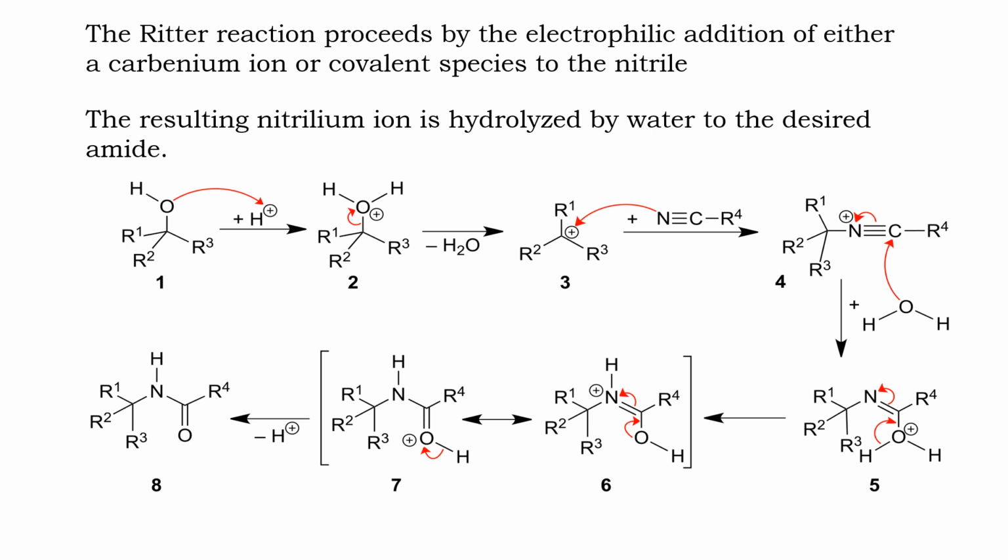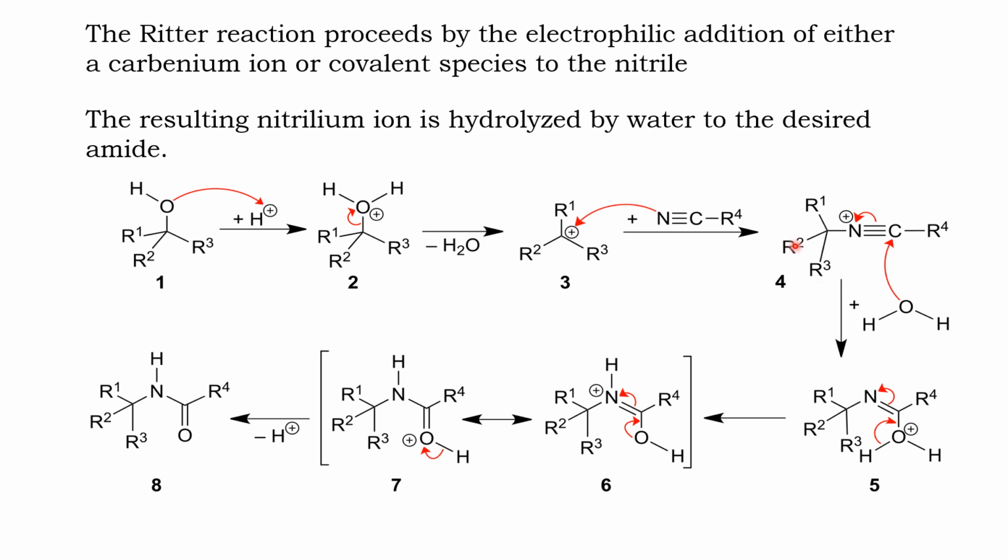Check the mechanism here. It's a simple mechanism. In the first step, a carbocation has to be generated. This carbocation is generated from the alcohol or from the double bonded compound. So here we have a carbocation and the carbon has a positive charge.